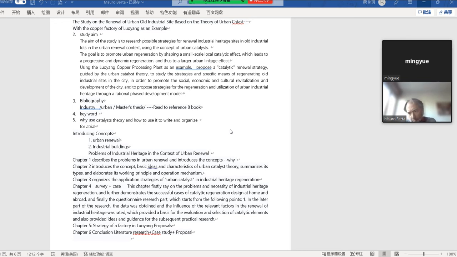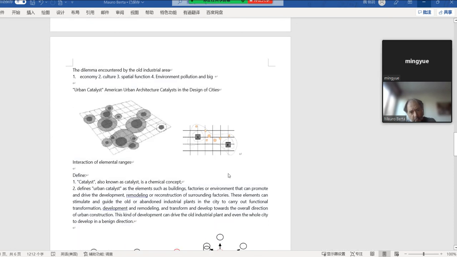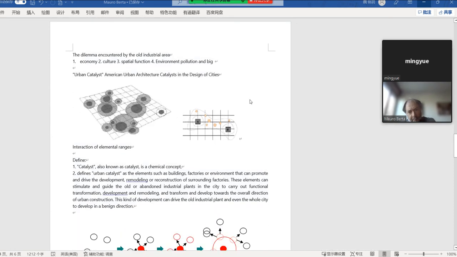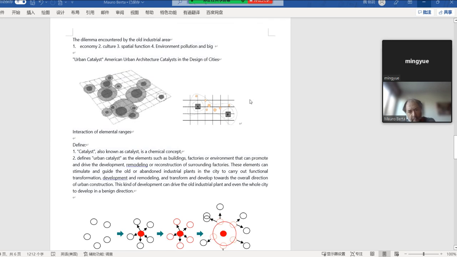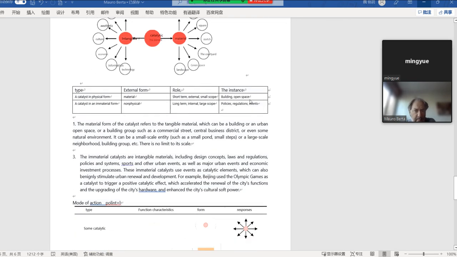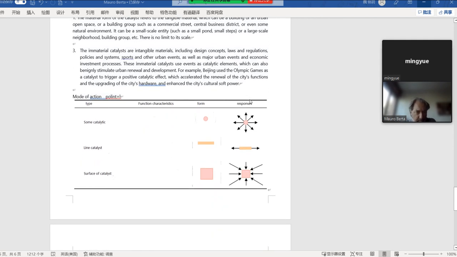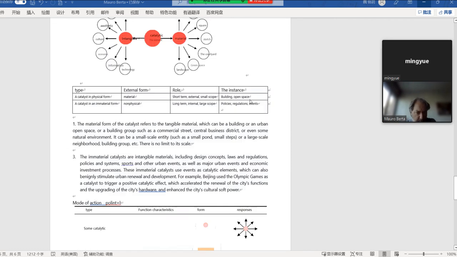And chapter 3 is more like introducing the series, I mean the organized strategies and the heritage in the generations. It is more about defining the characteristics, what the types are, and how it acts in this area.